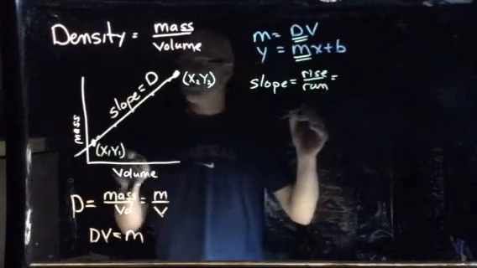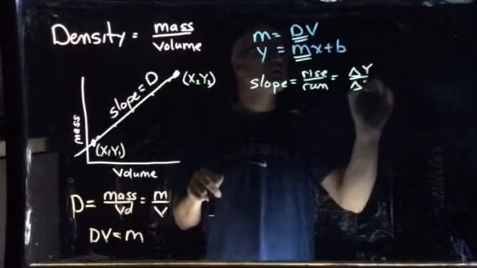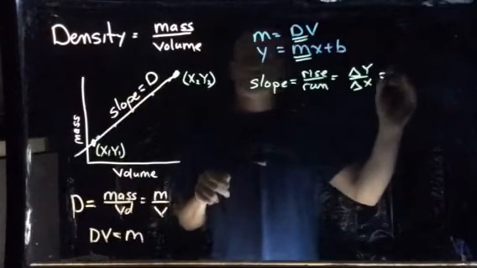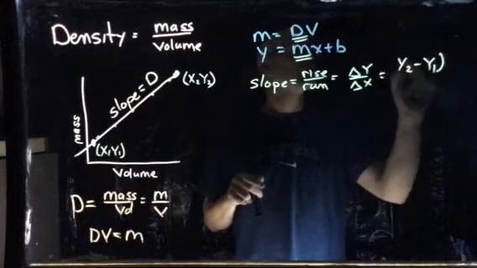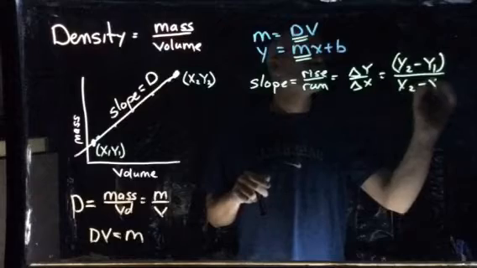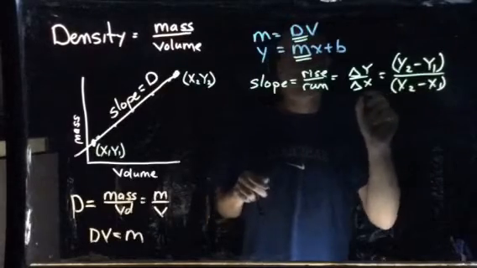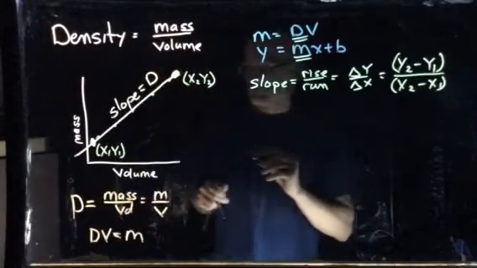And the rise then would be change in y over change in x, which is then y2 minus y1 all over x2 minus x1, coming from the points on the two extremes.